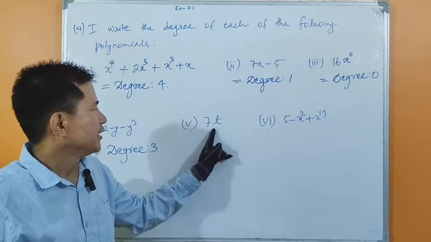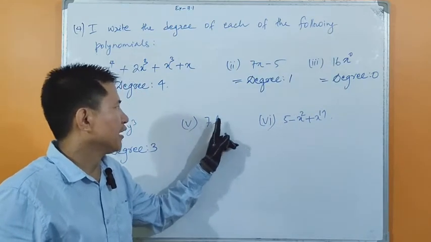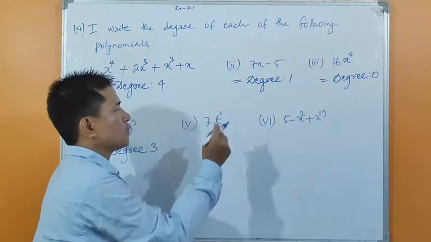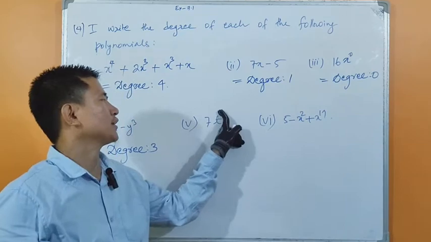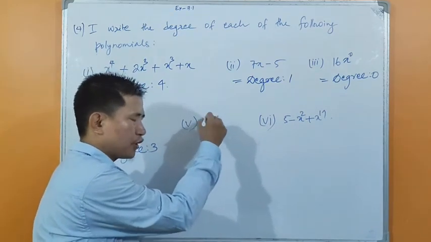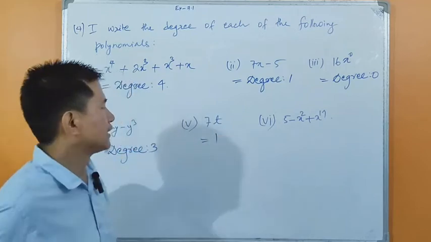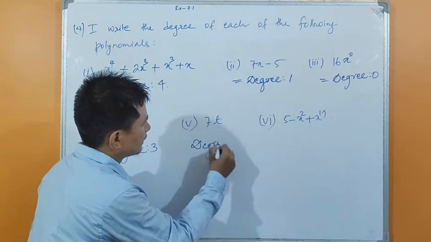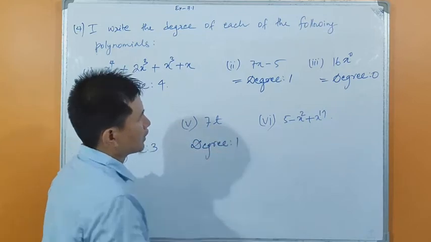Here t is the variable, and the highest power of t is plus 1. Since there is no power, you should understand plus 1 is the power. So the degree of this polynomial is plus 1. Let me write degree. Degree of this polynomial is plus 1.